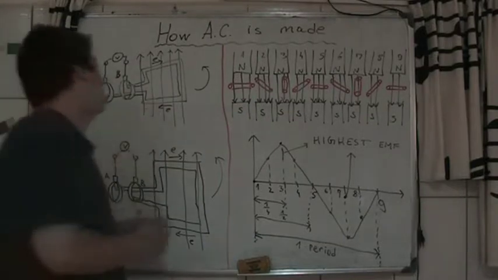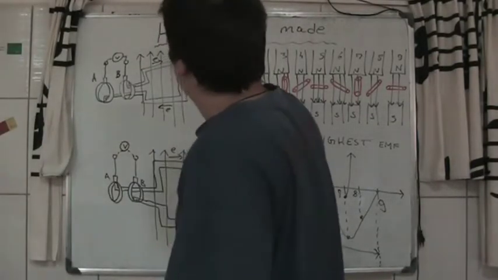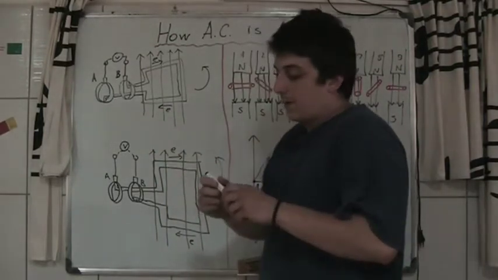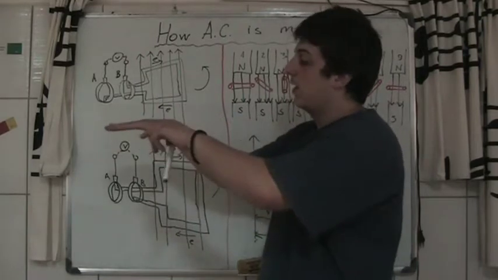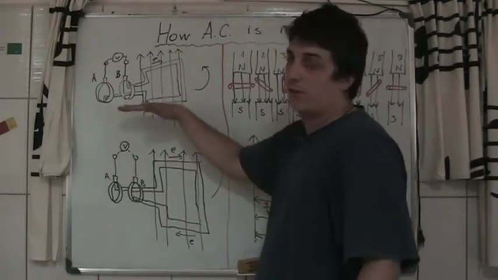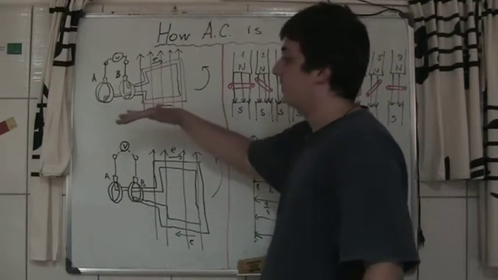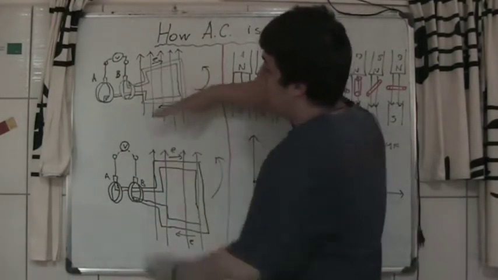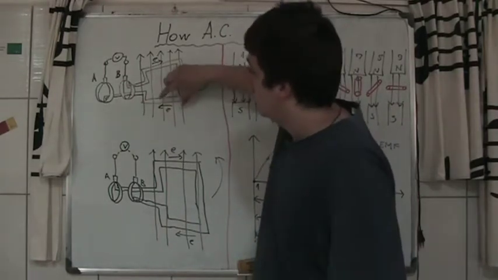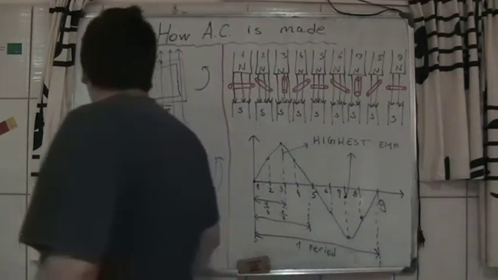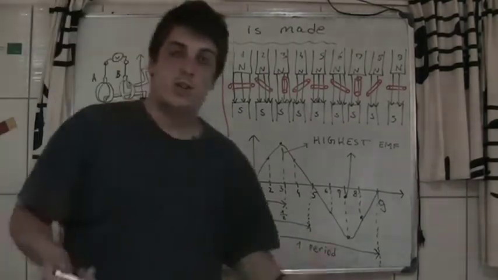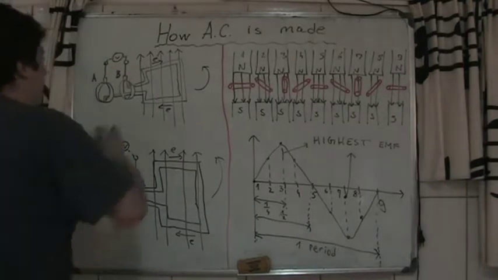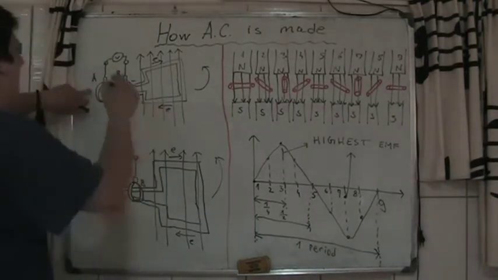Also, this side of the conductor goes into the blackboard, and this side comes toward you. The thumb shows the velocity of the movement of this conductor. Magnetic field lines come into the palm and the EMF shows here. So in the electrical circuit, this would be a minus sign and this would be a plus sign.